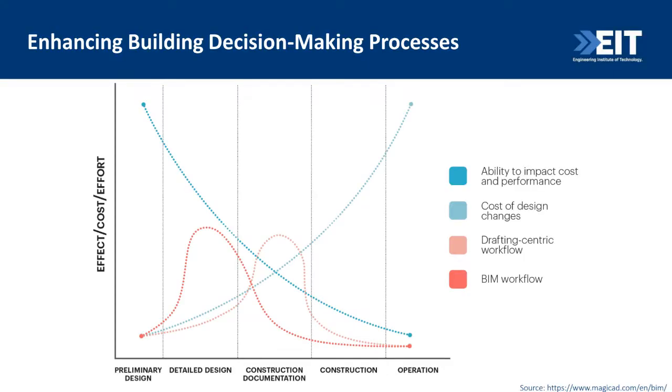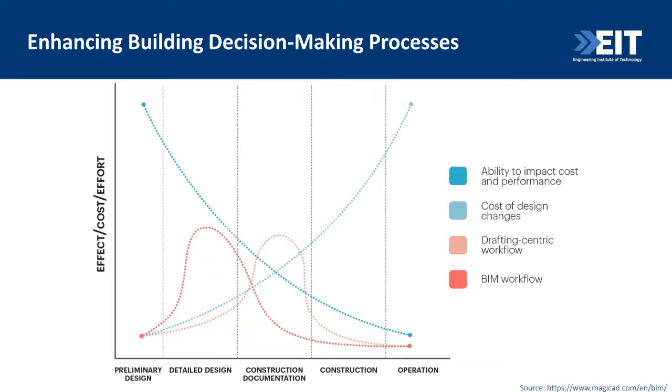So here we have almost the same graph showing the cost of design change and the ability to impact cost and performance. But now we have two more curves comparing a draft-centric workflow, a traditional workflow, and the BIM workflow.